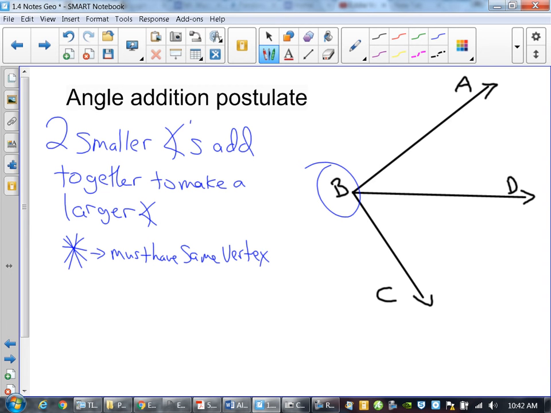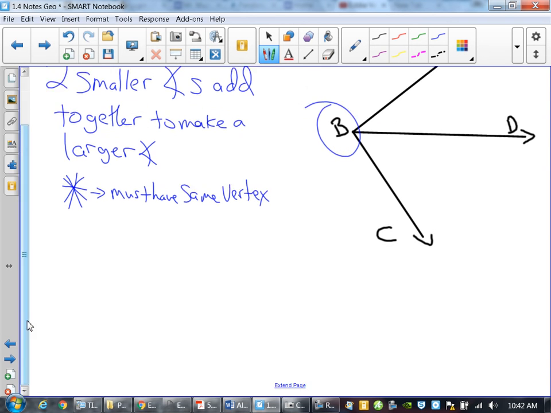That's the only messiness of angle addition. You can get lost in the letters. So in this example, I could say the following: angle ABD plus angle DBC equals angle ABC.